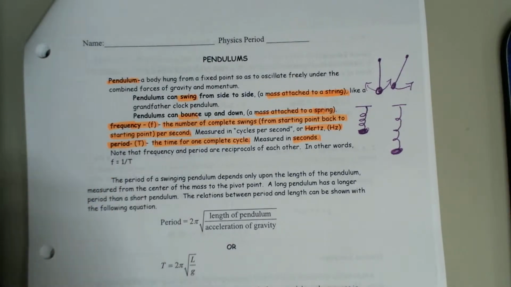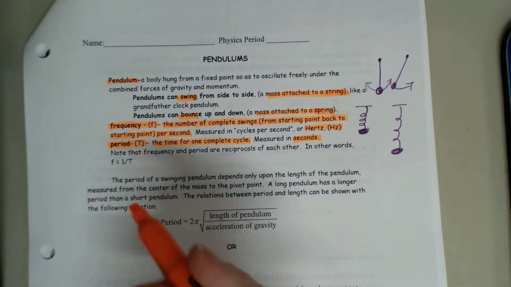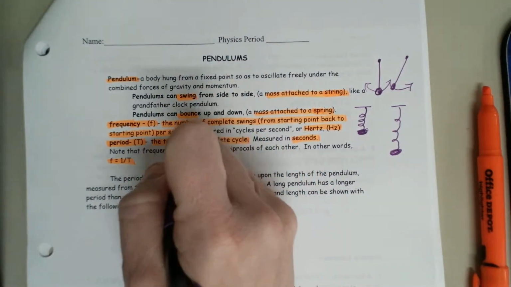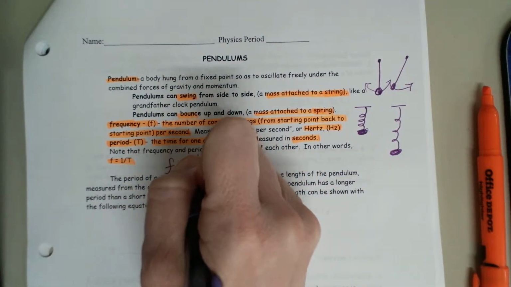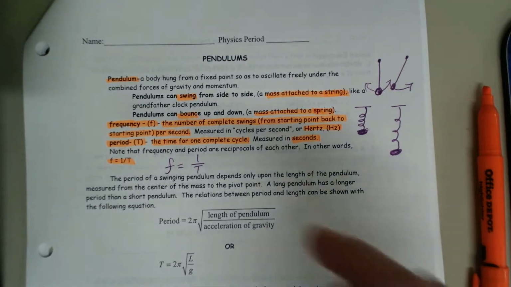It'll look like this in your formula sheet, with f equals 1 over T. These formulas are in the back of the formula sheet underneath the heat constants that we're not really going to use this year because you did that in chemistry.